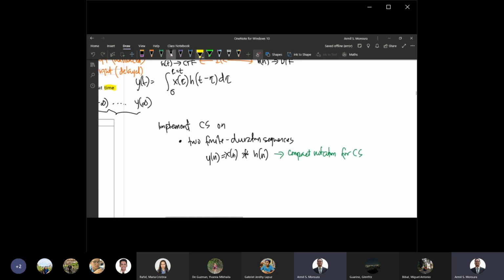Now, second, we will also implement the convolution sum on two infinite duration sequences.